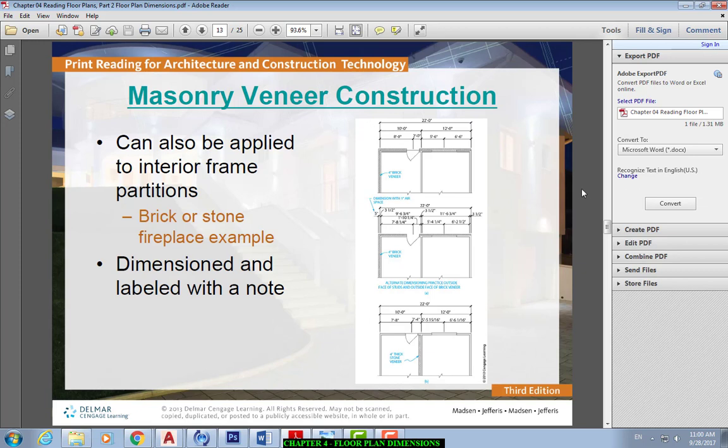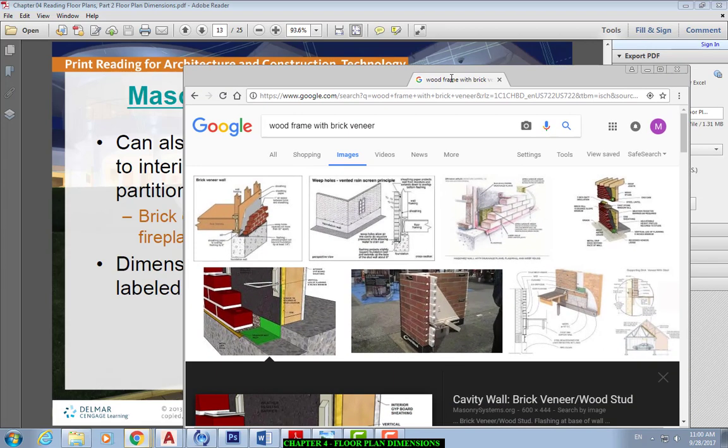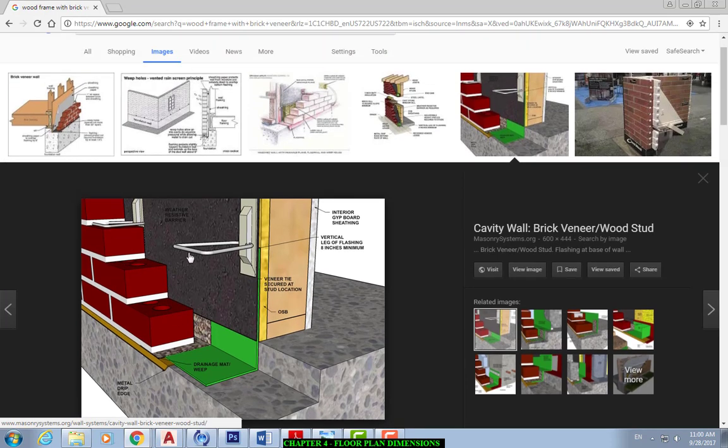Brick veneer. Let me show you a picture of a brick veneer in case you're still having issues with what that is. This is a brick veneer. Okay, it's a home that has a frame. The actual house, or the structure, is being held by the actual frame, which in this case, it's a good picture, is the metal stud, the wood stud.